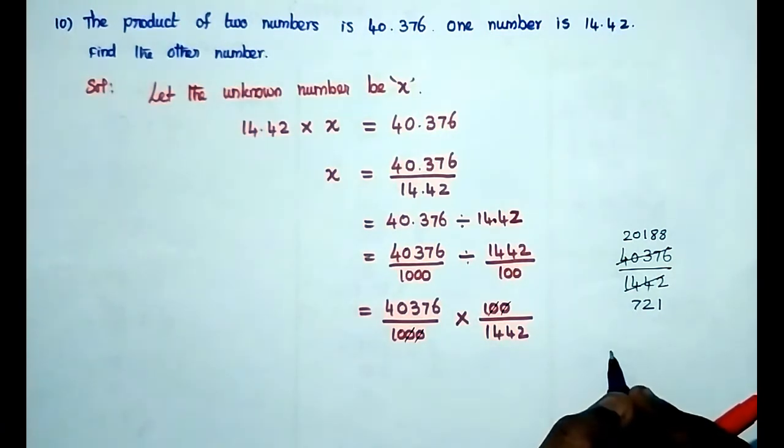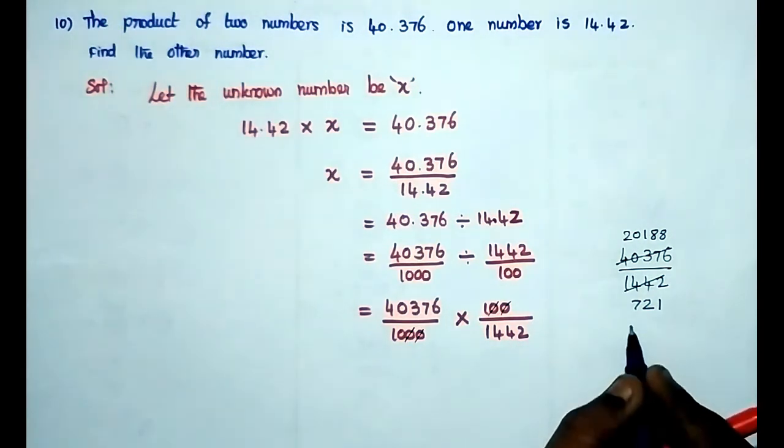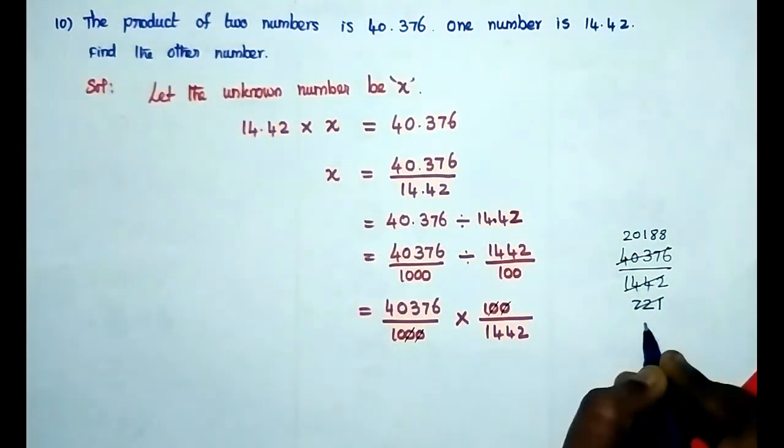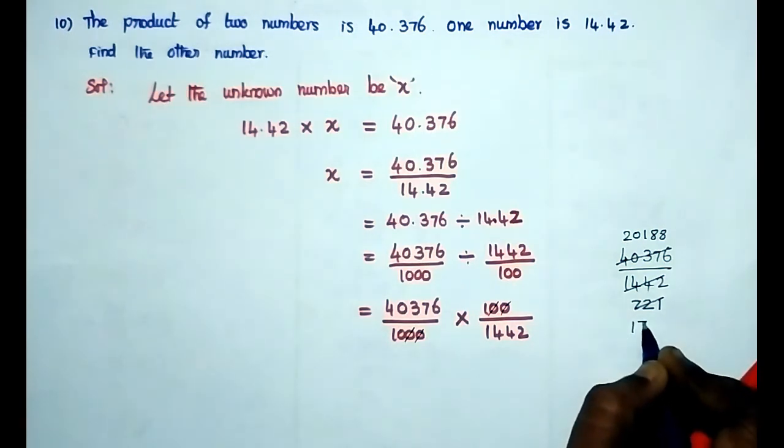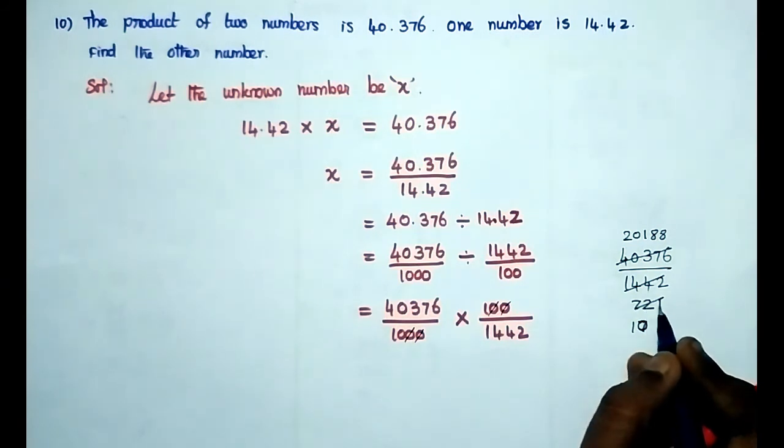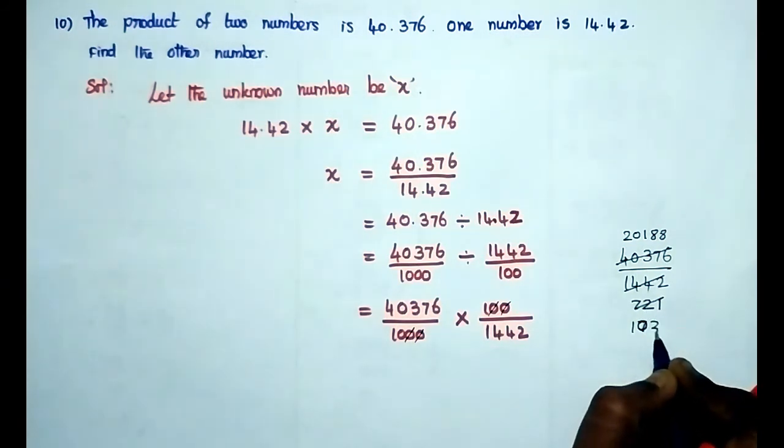Now cancel by 7th table. 10 sevens are 70, balance 2, it becomes 21, that is 3 times.